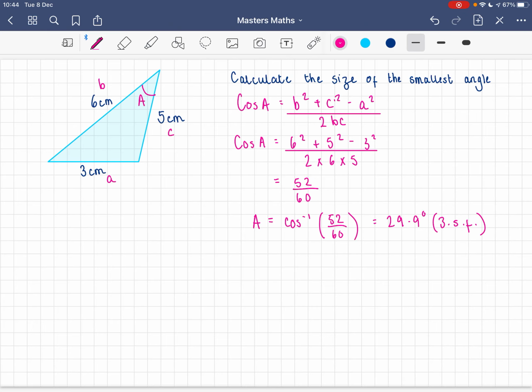Remember that if you are doing inverse cos of something, that will only work if that something is between -1 and 1. Think of the cos graph. It always goes between -1 and 1. So you cannot do inverse cos of a number that is bigger than 1 or smaller than -1. So this here will always be between the two.